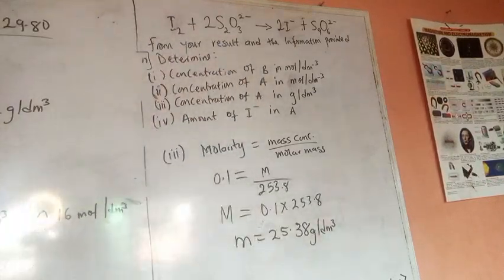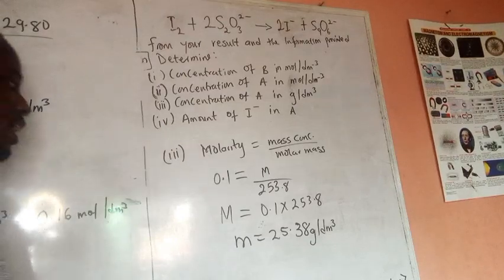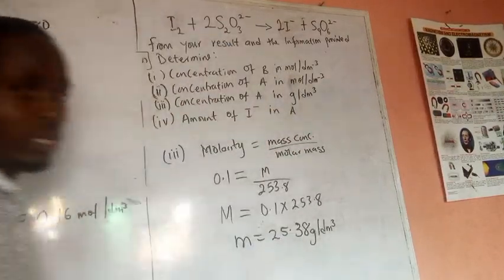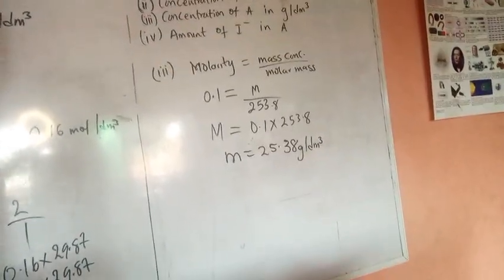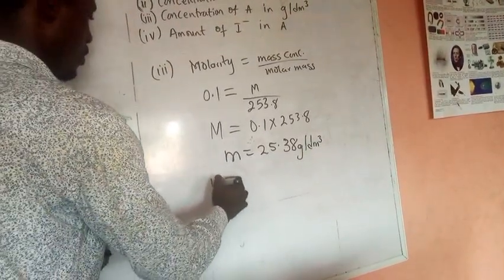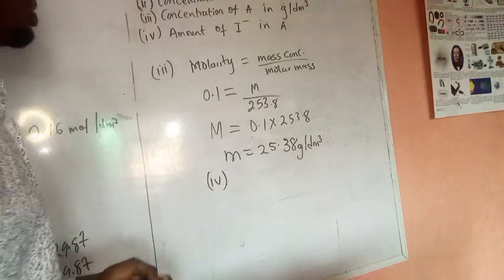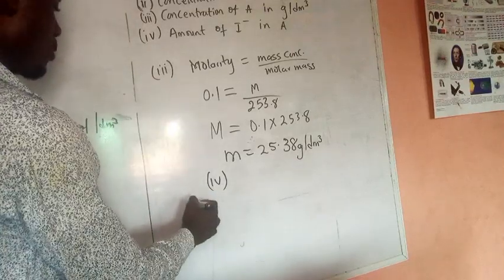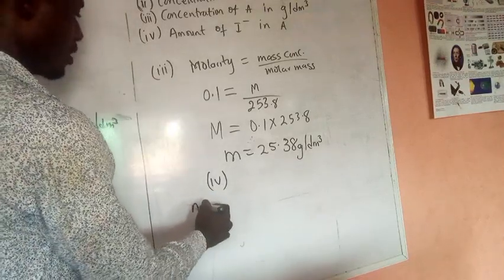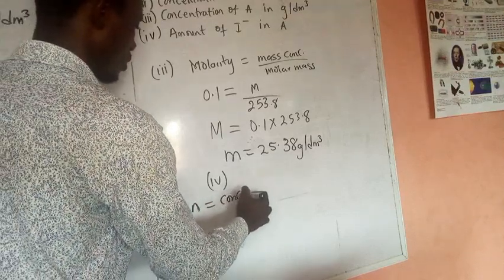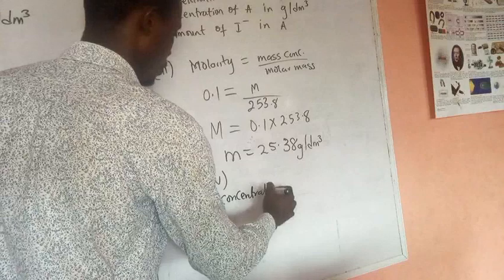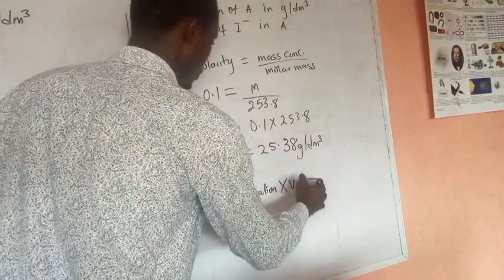Now the last question says amount of I in A. So calculate the amount of I in A, that is question IV. The next thing for us to do is we use amount, which is number of moles, and number of moles equals concentration times volume.